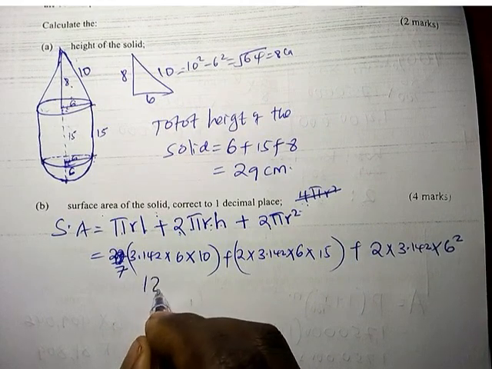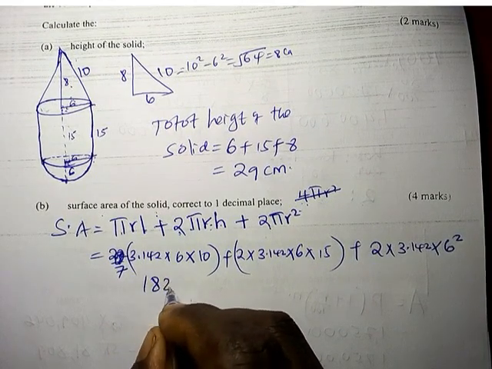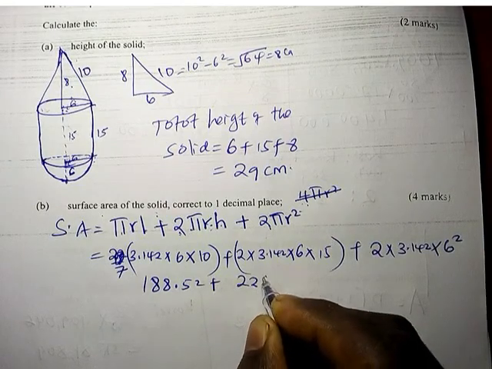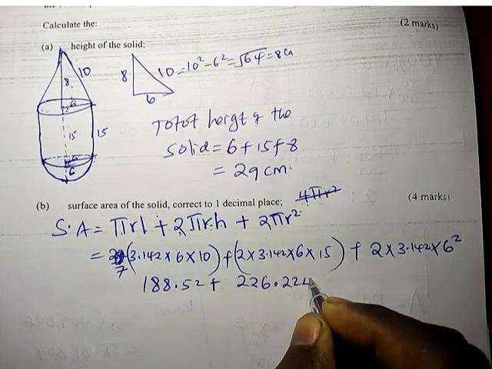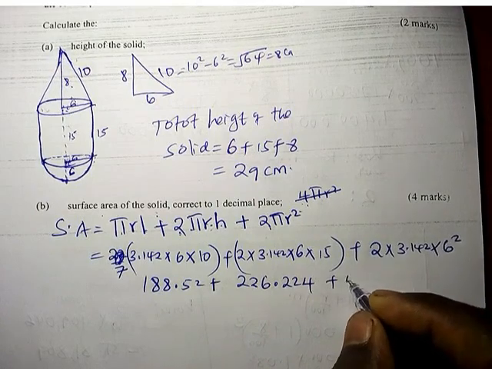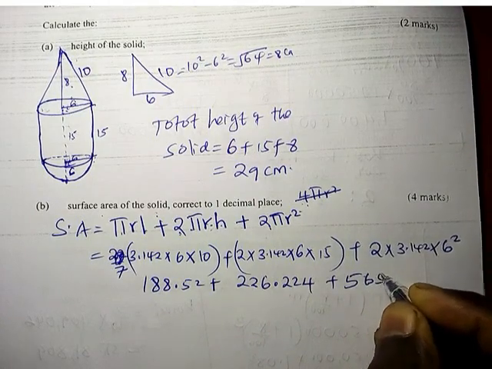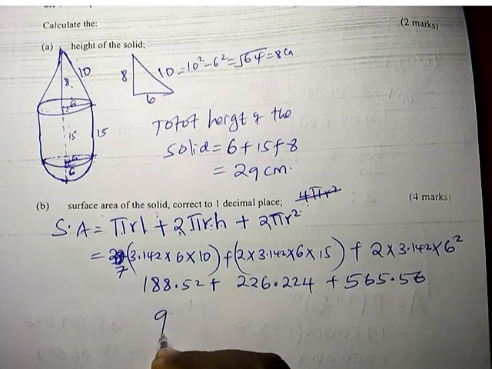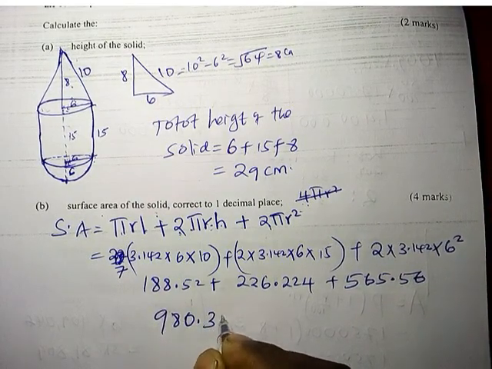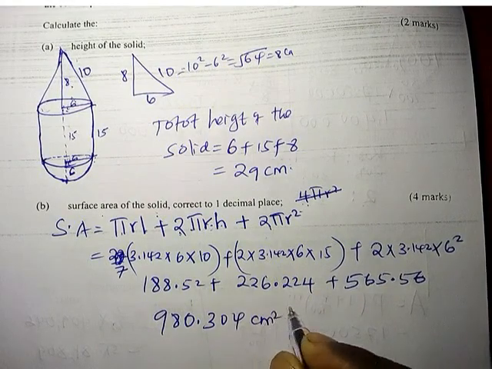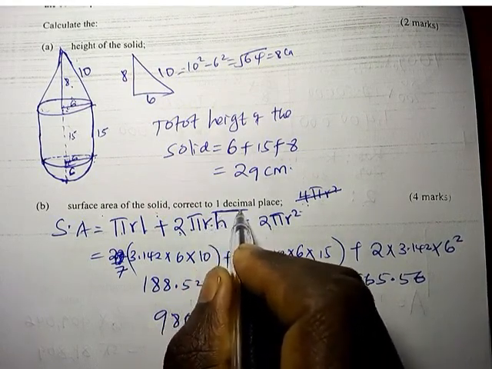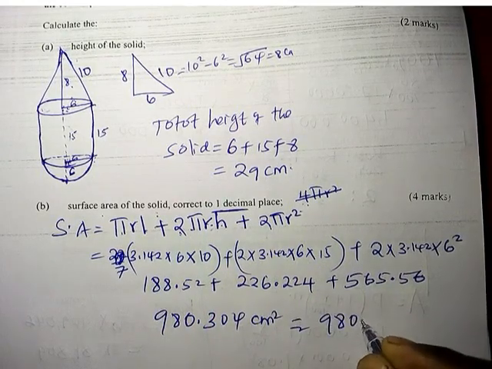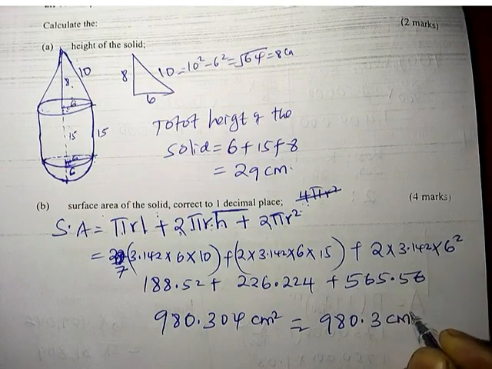This one will be 188.52 plus 226.224 plus 565.56, and now the total will be 980.304 centimeters square, but we were told to 1 decimal place. This is the same as 980.3 centimeters square.